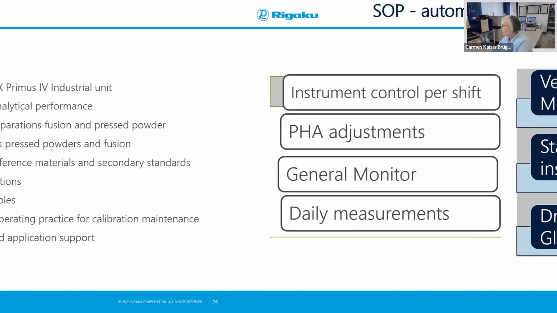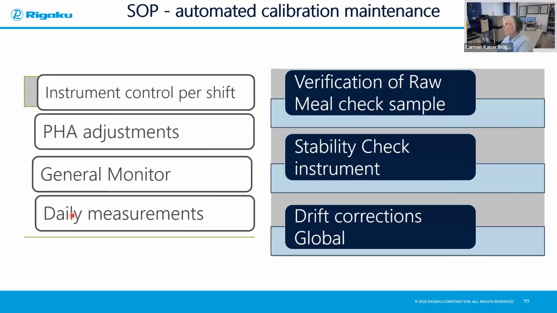This is an example of an automatic standard operating practice, where we could automate your calibration maintenance for check samples, for drift corrections, and checking the stability of your instrument. If you want to know more, please contact us.